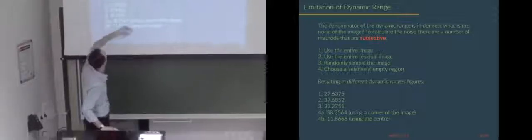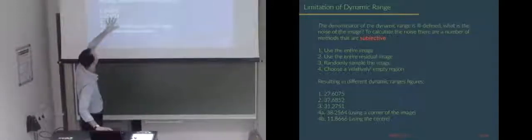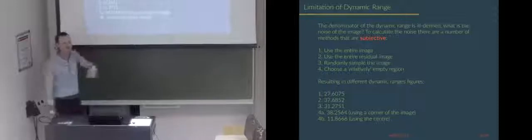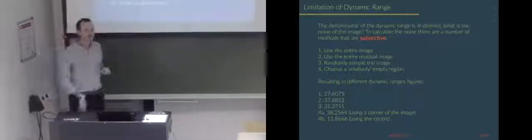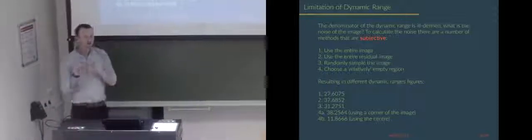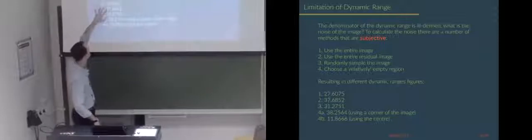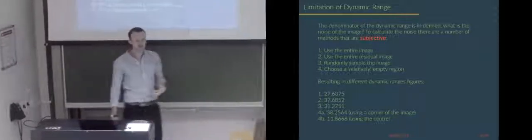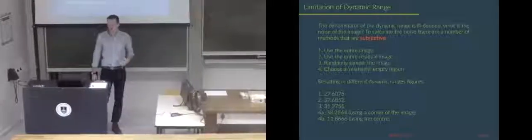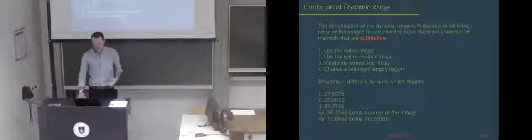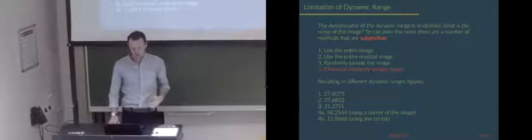But if you just look at a residual image, you have a higher signal to noise. Say you randomly sample the pixels, and you can compute that. It's likely that you won't land on any point sources. Whatever method you want to use, you come up with different dynamic range values. And so there's not really an accurate standard way to compute dynamic range. I think it's not super useful to do. This is what people typically do.